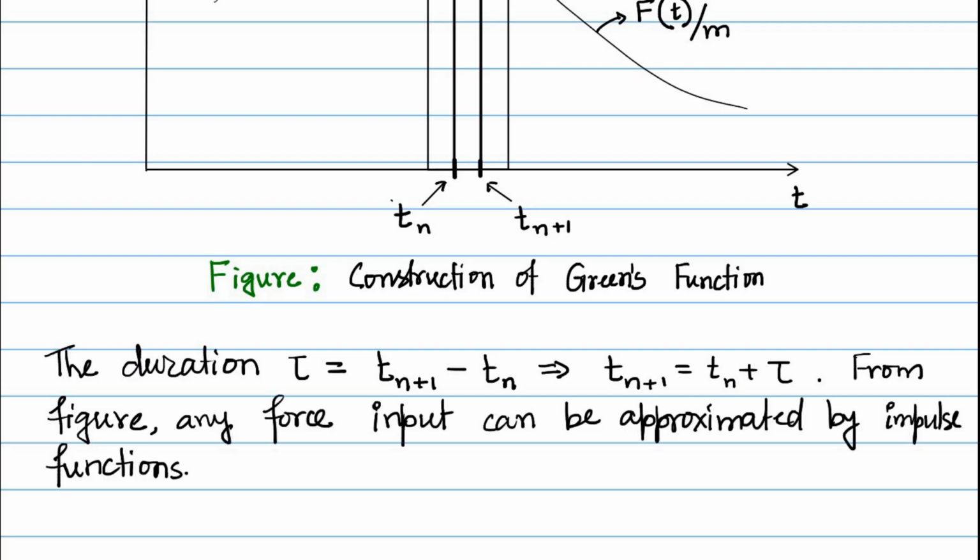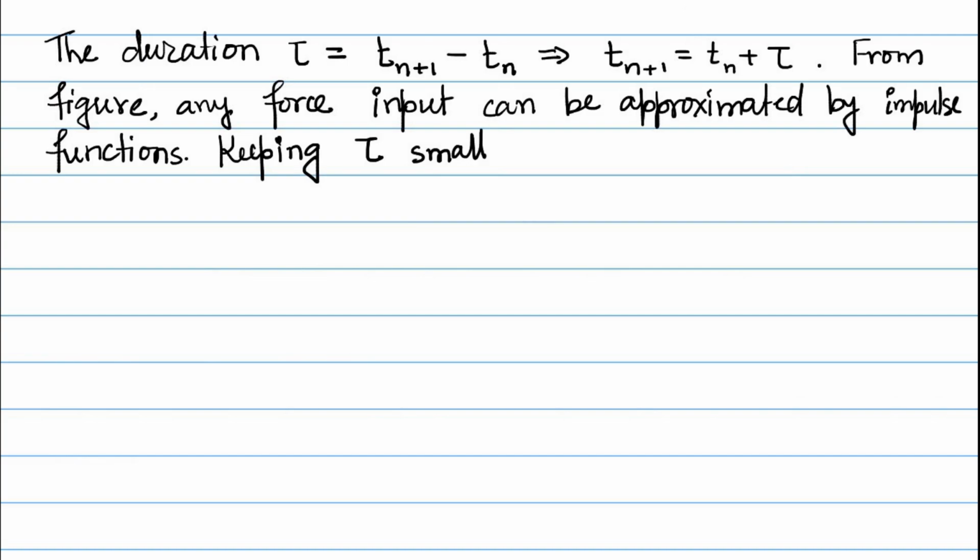Keeping tau small, even though we haven't specified how small, right now we can just impose the condition that tau is much smaller than twice pi over omega 1. So that's the scale that can be built from the system for the sake of comparison.